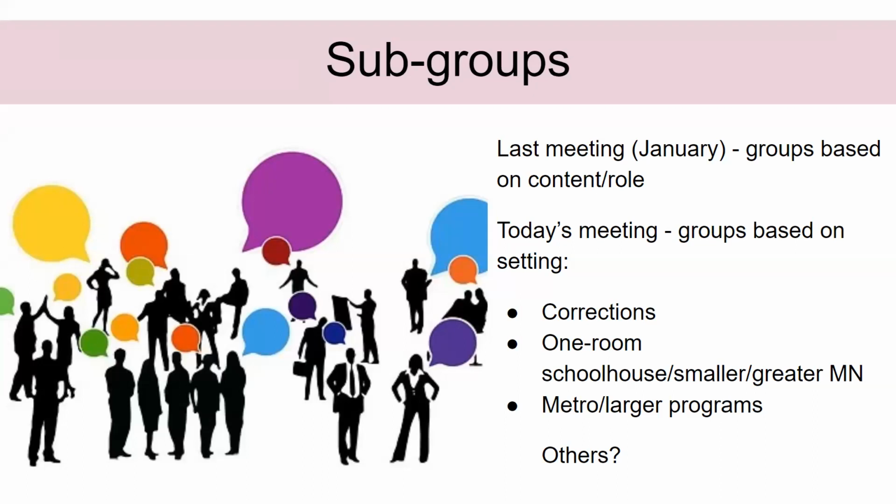All right, and I also want to give some background about subgroups. Some of you who've been around for a while remember back in the day when we always had an in-person meeting. We had quarterly in-person meetings of this group. And when we did that, we would spend a chunk of time together as a full large group, and then we would divide up into smaller groups for more specialized conversations.